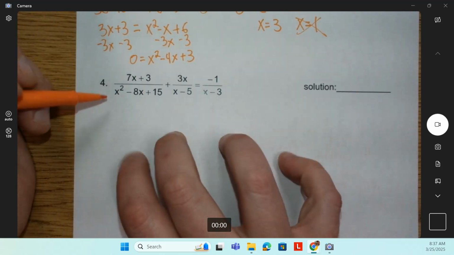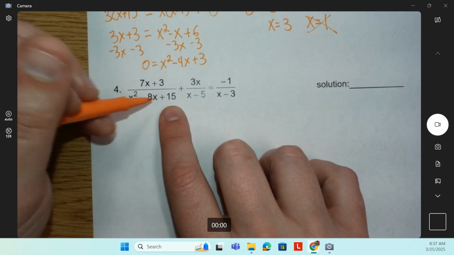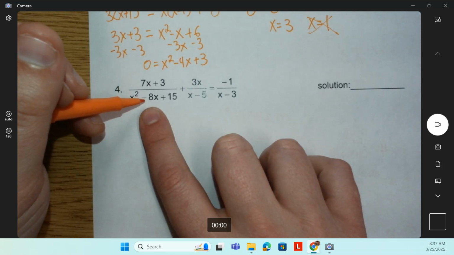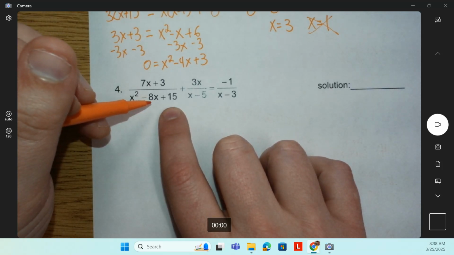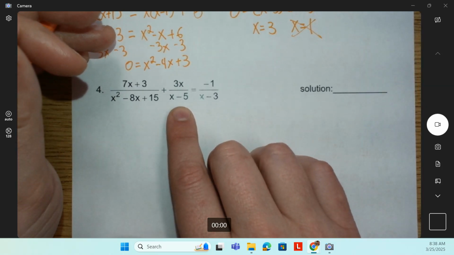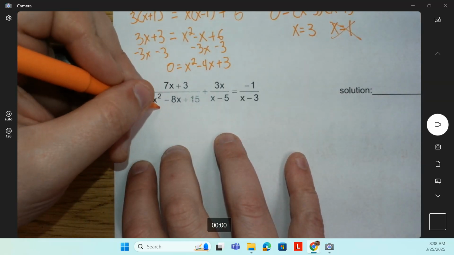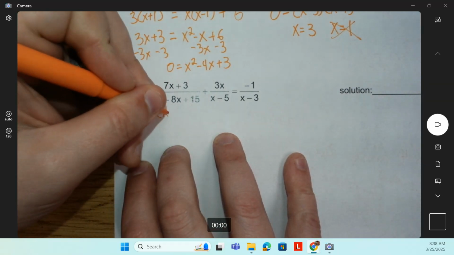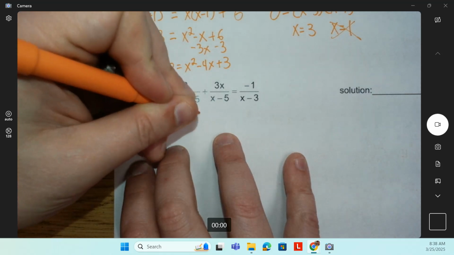So when I'm finding a common denominator, I first need something that multiplies to 15 and adds to negative 8. So I'm thinking 2 negative numbers. 15, 5, and 3 are the only things that would work. And I've also got x minus 5 or minus 3 there. So that would split up into x minus 5 and x minus 3.